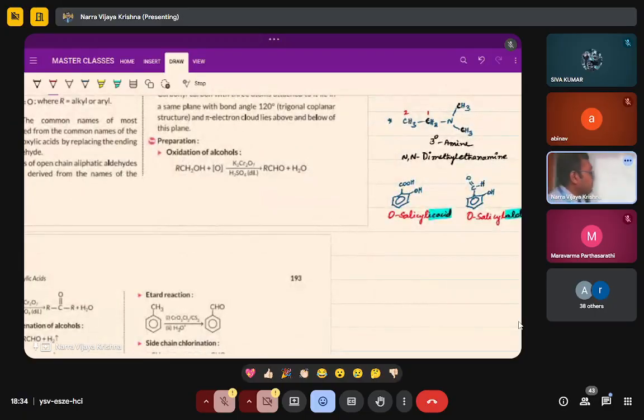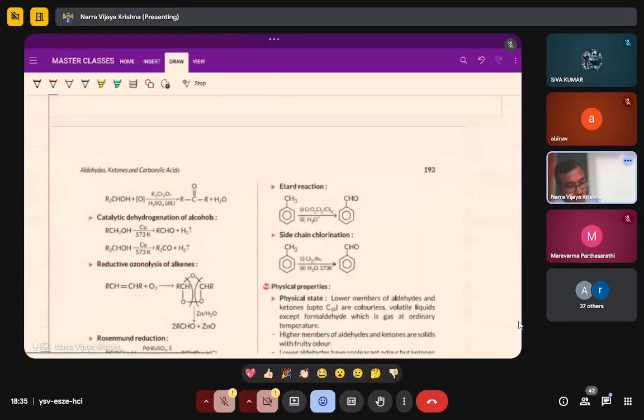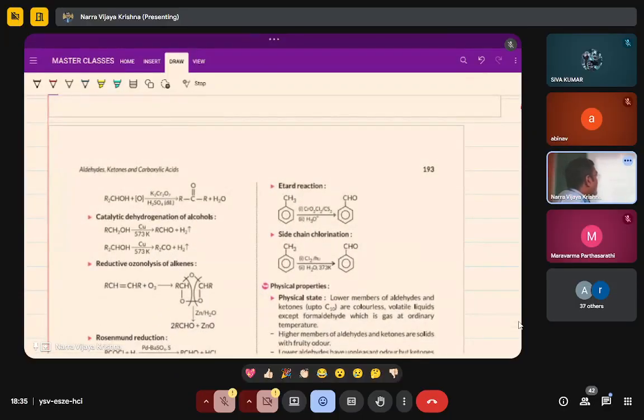Understood about that example? What did they give? Oxidation of alcohols. Primary alcohols with K2Cr2O7, dilute H2SO4, gave aldehyde. Now again, secondary alcohol with K2Cr2O7, dilute H2SO4, gave ketone.